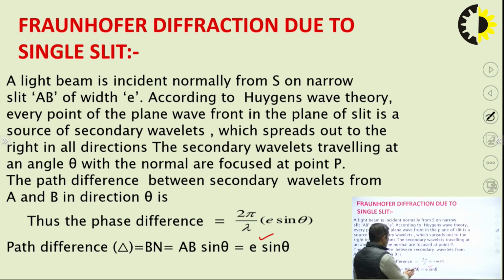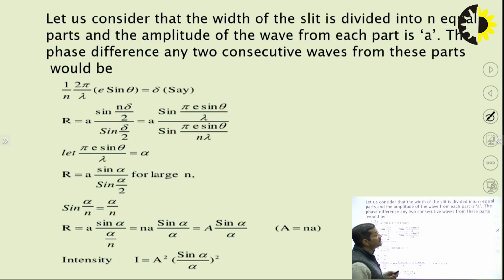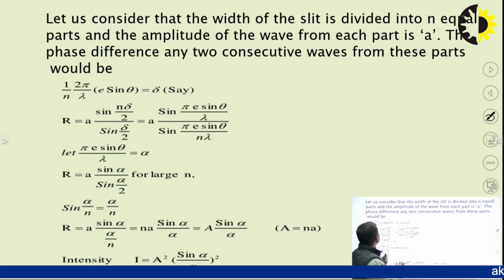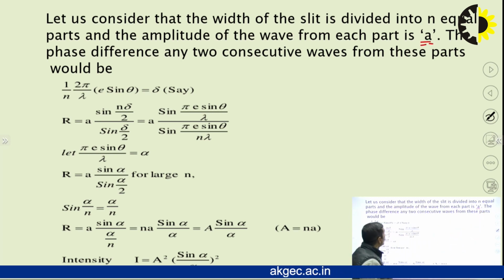So we have calculated the resultant phase difference between the wavelets coming from points A and B. Now if we divide this slit AB into n equal parts, and we consider that the amplitude coming from each part of the slit AB is small a.